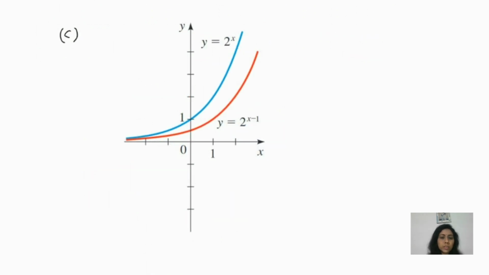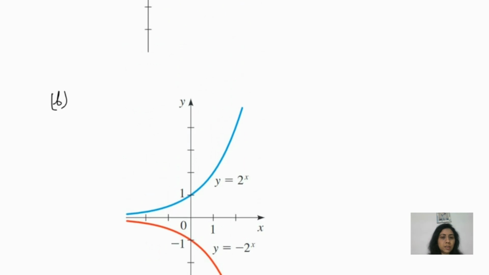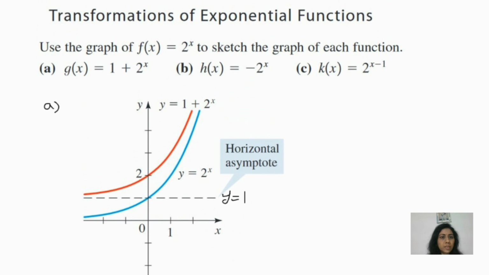In this question, we start with the graph of f(x) = 2^x and shift it to the right by 1 unit to get the graph of k(x) = 2^(x-1). So these questions are really easy. You can easily see the transformations of the graph.